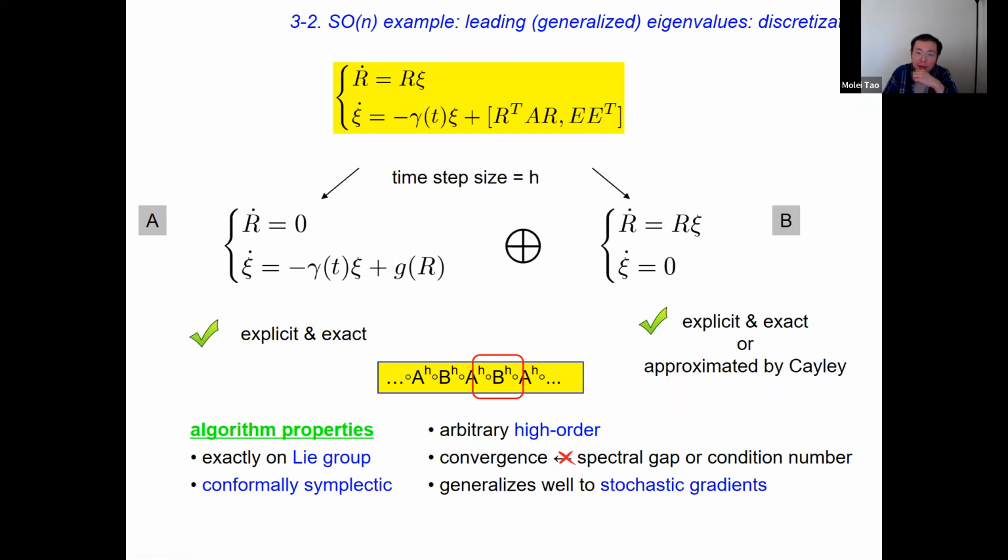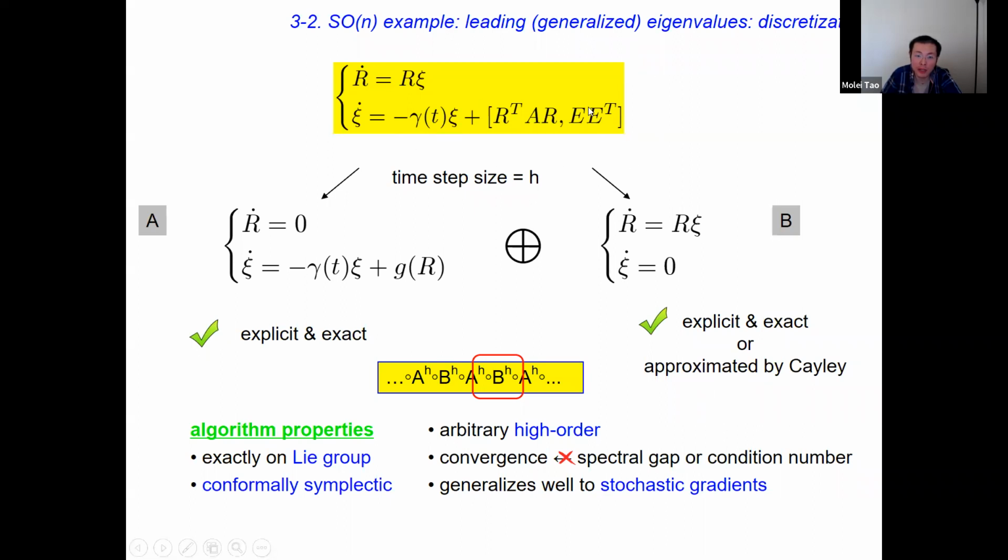And in machine learning, people oftentimes also have to deal with stochastic gradients. In this case, you basically have to deal with something called an online problem, in which you may not have full measurement of A. You may only have partial measurements of A or noisy measurements of A. And then a lot of the traditional numerical linear algebra algorithms will no longer work, because maybe you try really hard to construct subspaces of A increasingly, but then A gets changed, and then all the previous work gets messed up.